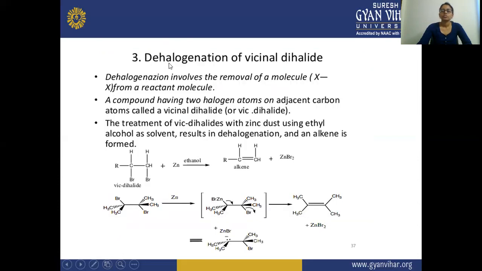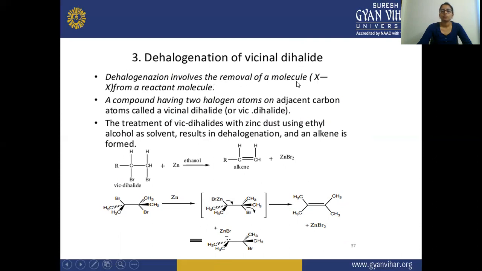Now the third reaction is the dehalogenation of vicinal dihalides. In this there is a removal of halogen from the molecule.